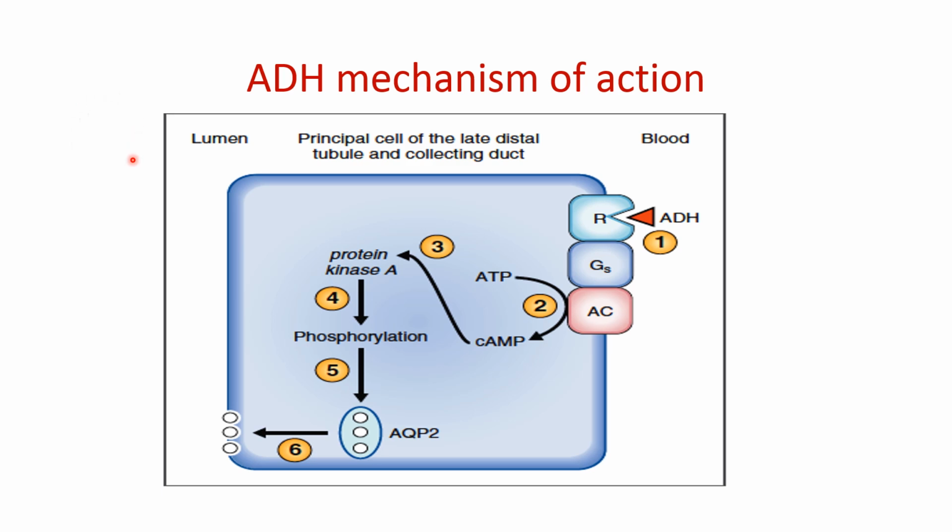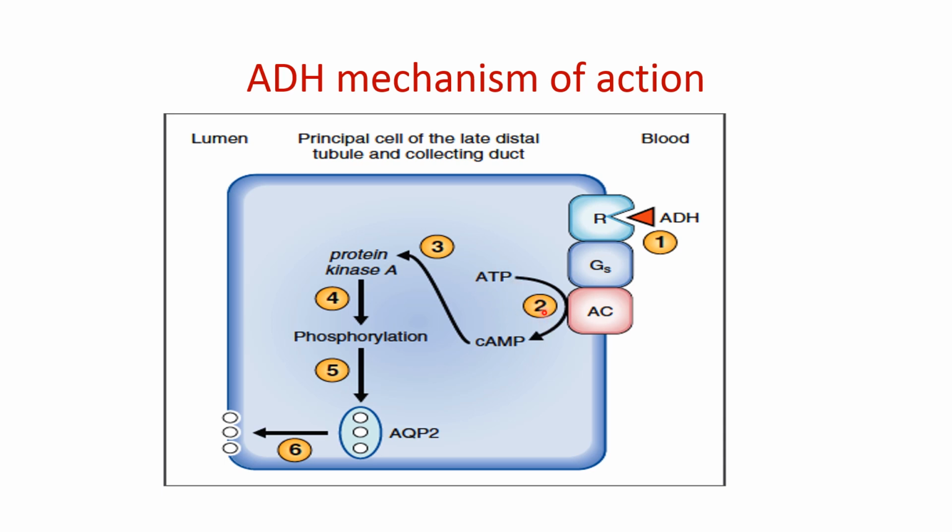Now that's the cellular mechanism of action of ADH. When we talked about the general mechanism of actions of hormones, this is a peptide hormone. It will interact with the G protein coupled receptor, the Gs, and then it will activate adenyl cyclase.